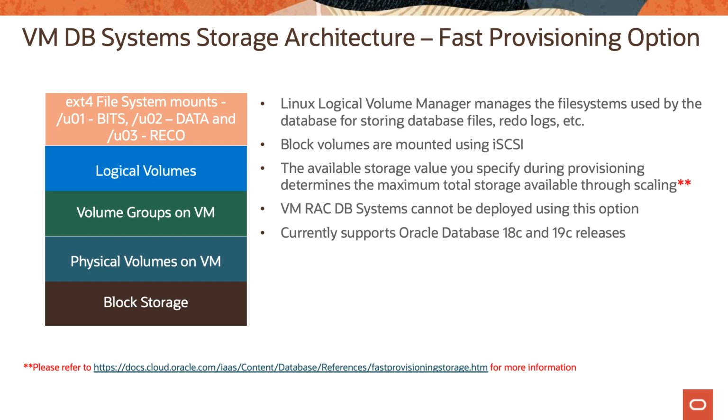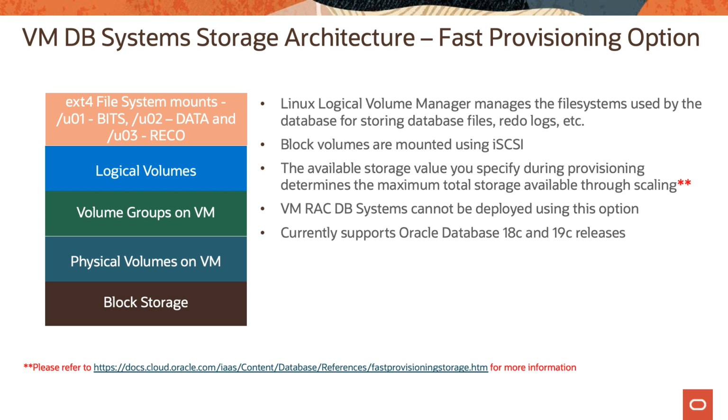The Linux Logical Volume Manager manages the file systems used by the database for storing database files, redo logs, etc. Block volumes are mounted using iSCSI. And note that the available storage value you specify during provisioning determines the maximum storage available through scaling. And I have a note down there at the bottom of the slide for more information in this regard.